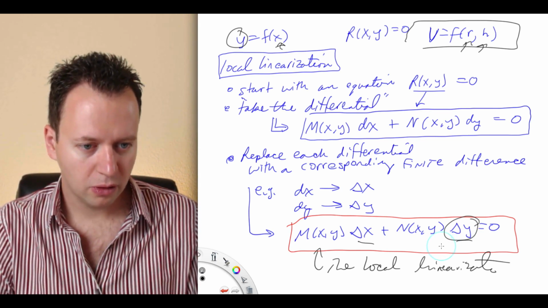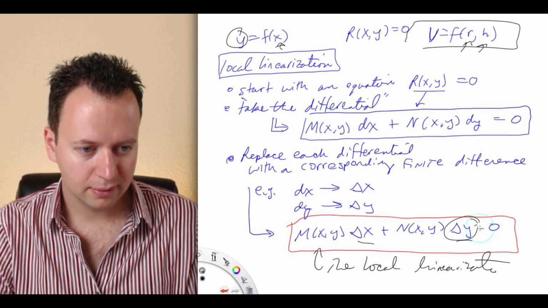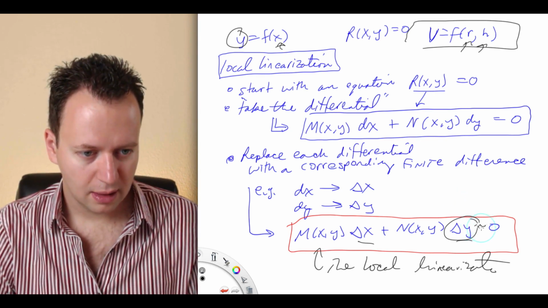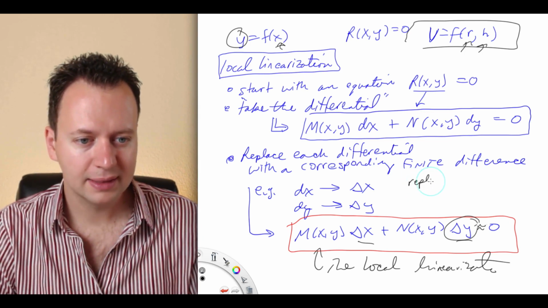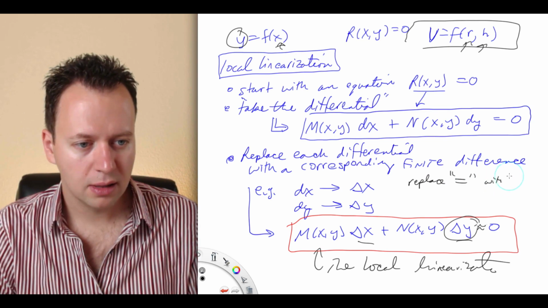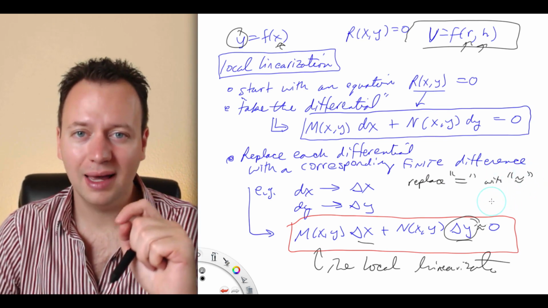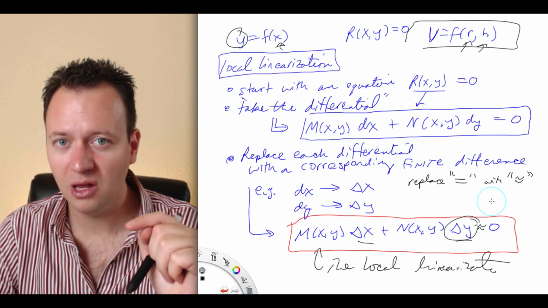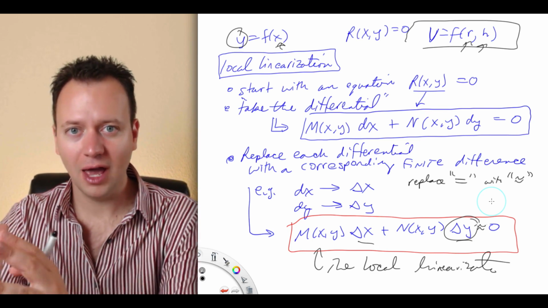So this is actually called the differential, the same as the local linearization, except for one thing. The equality becomes an approximation, so we replace the equals sign with an approximation sign. Because delta y and delta x represent the exact change in y and the exact change in x when you have a little variation.